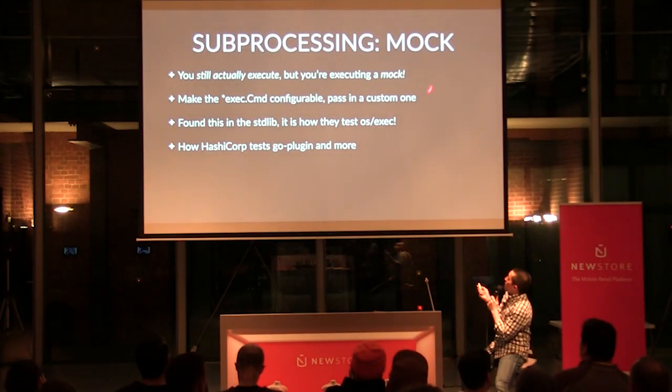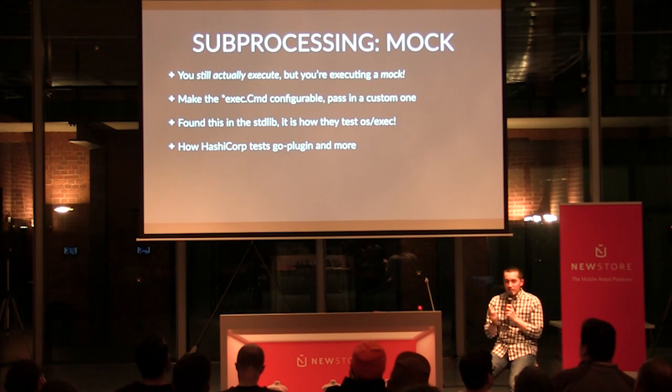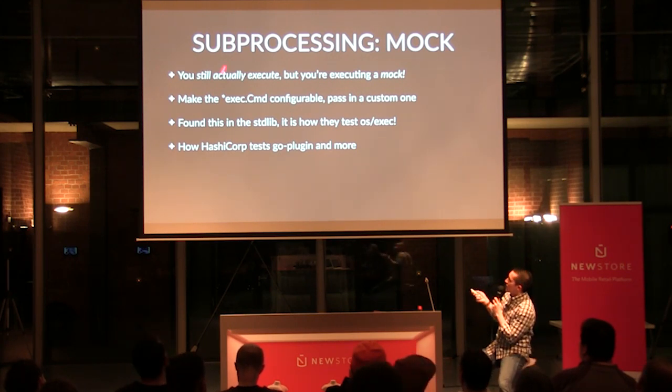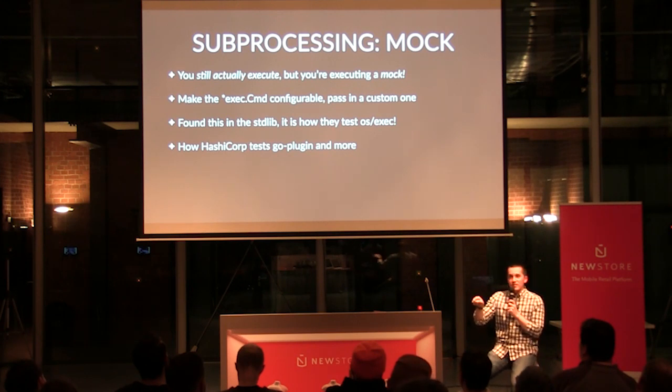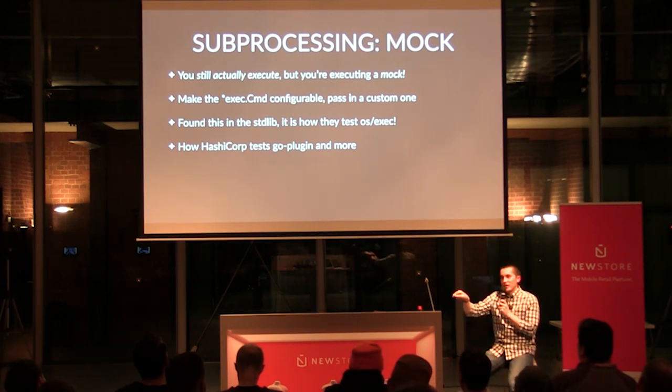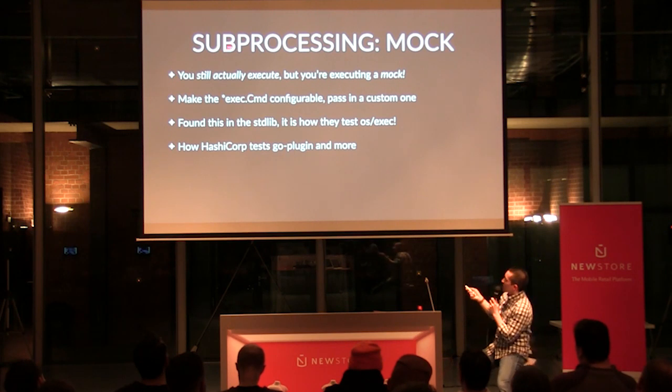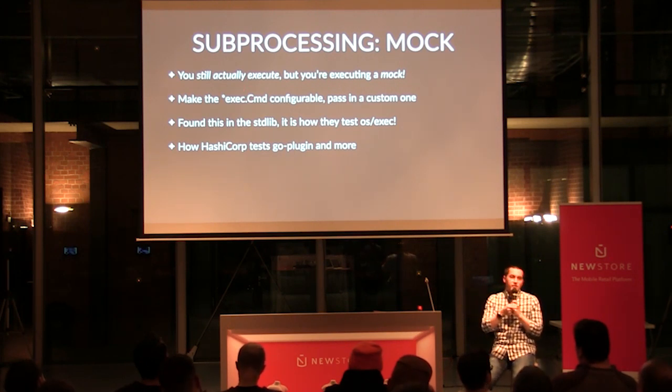All right, the other option is to mock execution. In this case, I still always execute a subprocess, but the subprocess it's executing is the mock. So exec.Command is the way you subprocess in Go, and it's not an interface, which is really annoying to me sometimes.